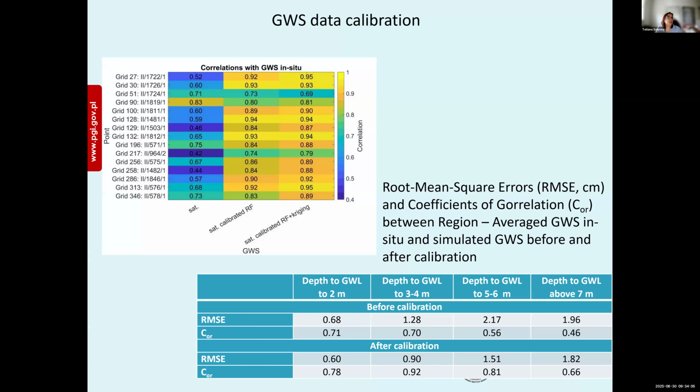As expected, the calibration helped to bring the simulated groundwater storage GRACE values closer to the observed data, with correlation coefficient exceeding 0.8 at all calibration points. A significant improvement in root mean square errors was also achieved following the calibration.